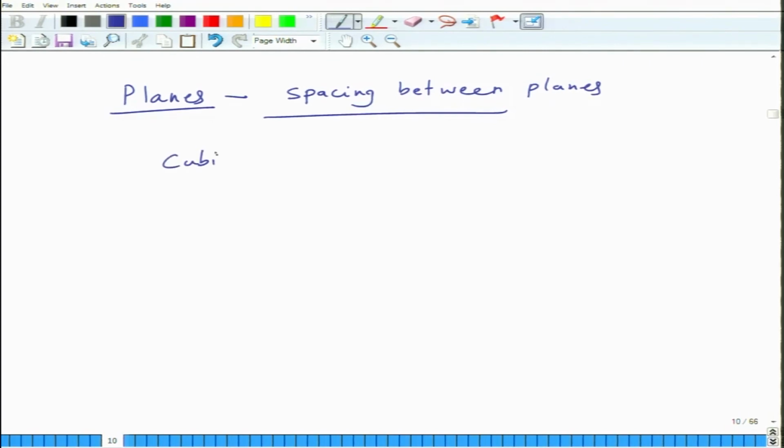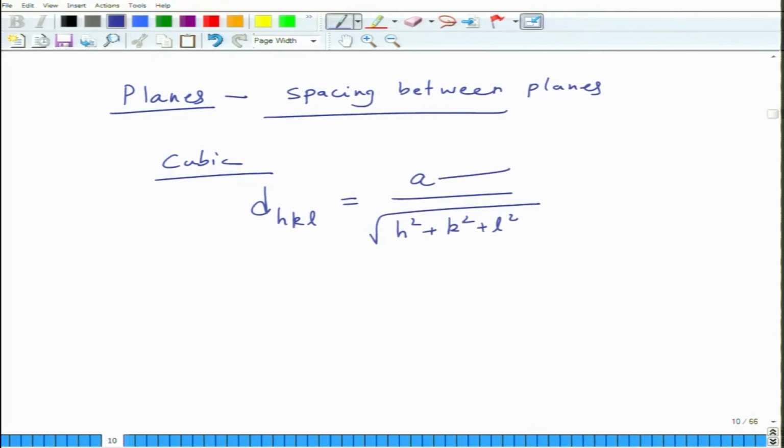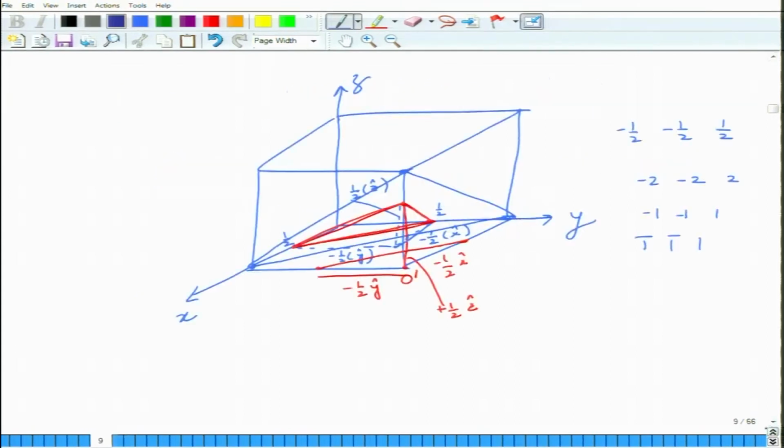For a cubic system, the spacing between the planes, d_hkl, is given as a divided by the square root of h square plus k square plus l square, where a is the lattice parameter and h, k, l are the Miller indices. If I go to the previous ones, you have these planes. This was one plane, this was another plane, you will have successive planes.